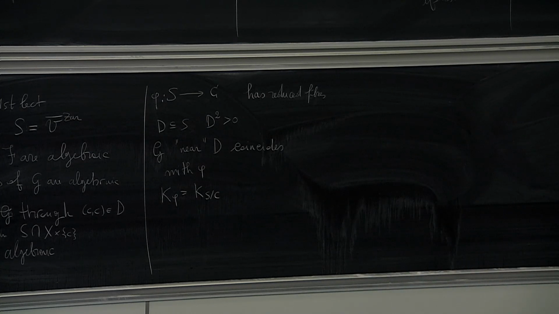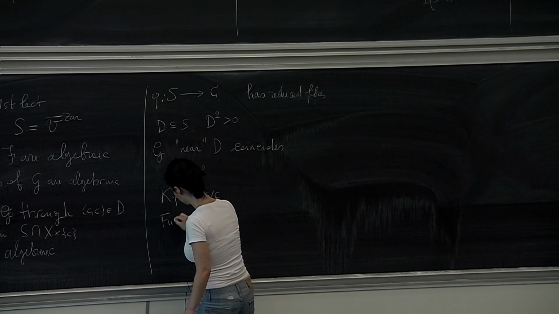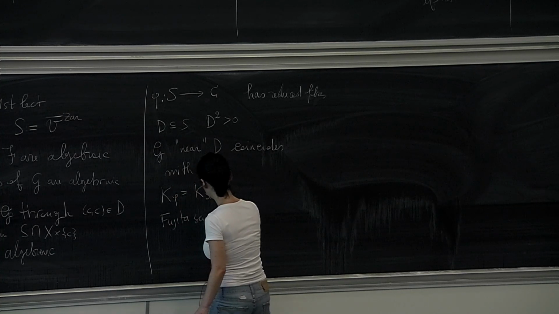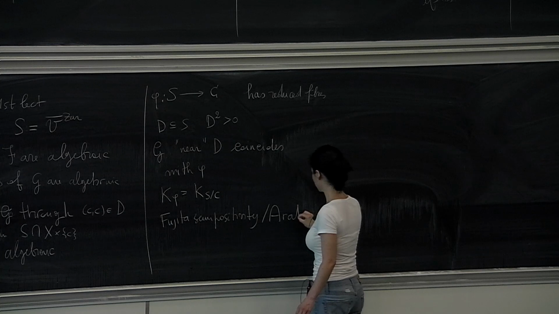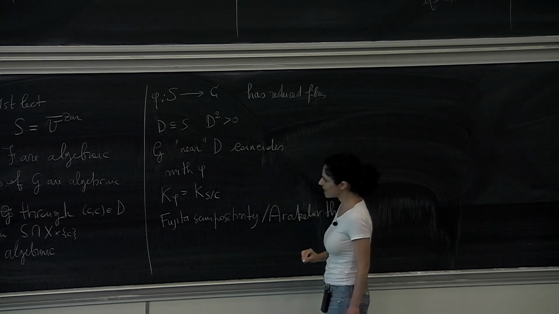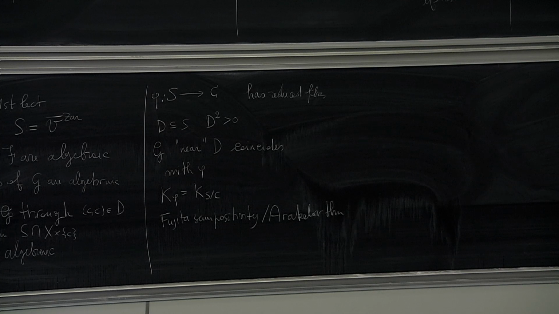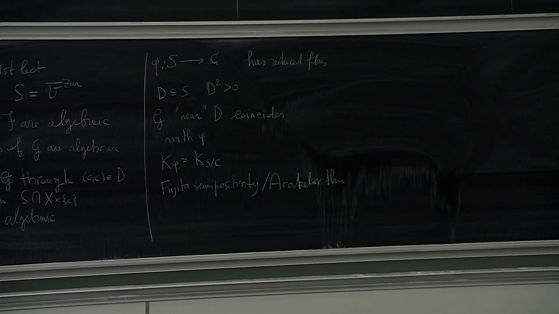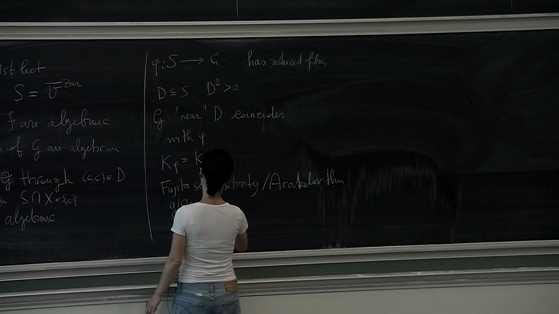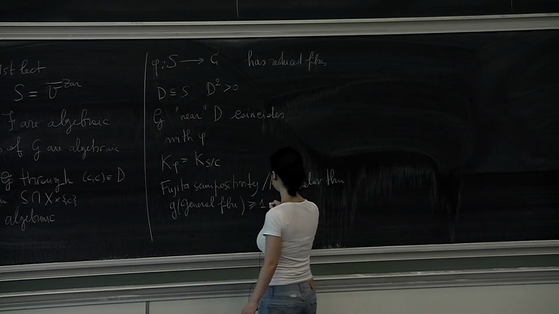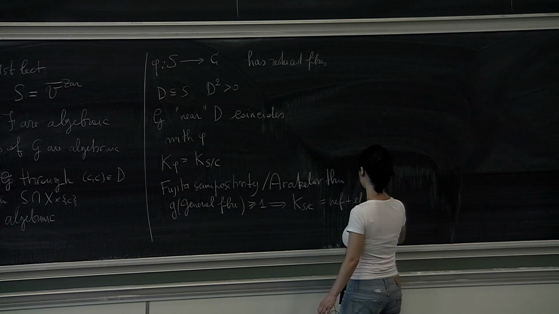So its canonical is the relative canonical bundle. And now we have surface theory coming to help us. There is a theorem called Fujita semipositivity, or Arakelov theorem, which says that if the genus of the general fiber is at least 1, then this relative canonical bundle is nef plus an effective divisor.